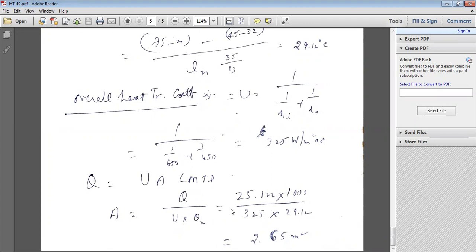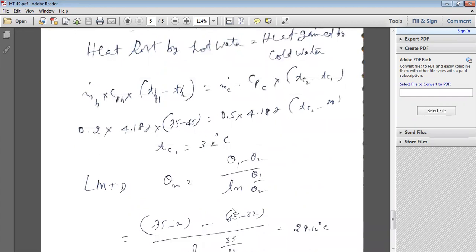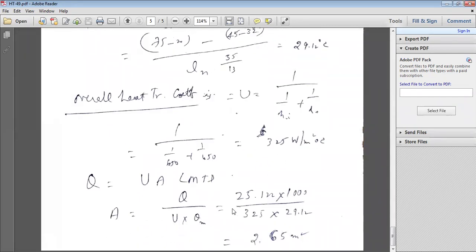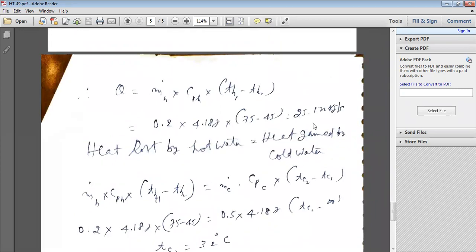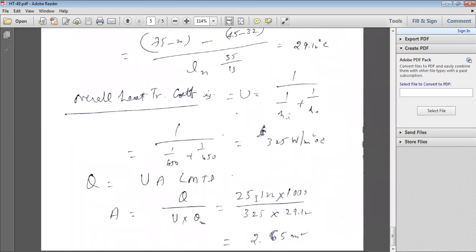What is Q here? You have calculated that Q comes to 25.122 kilojoules per second, but you have to convert it into joules: 25.122 into 1000.